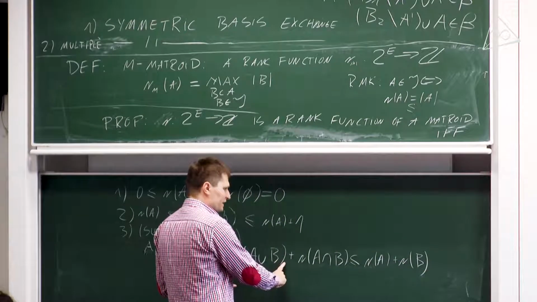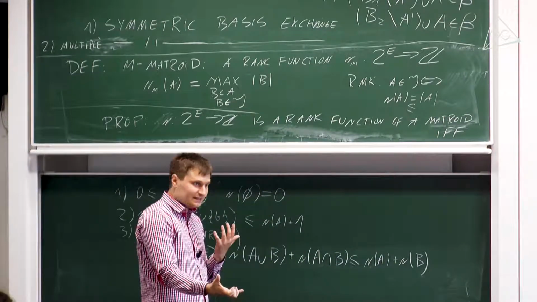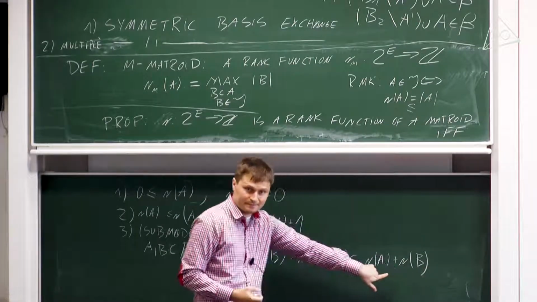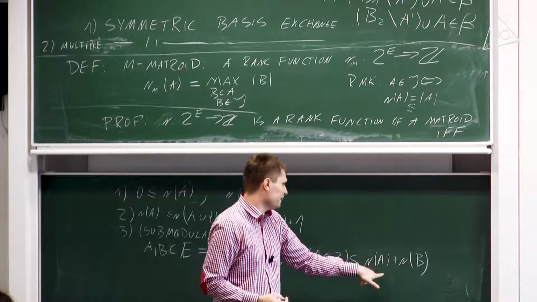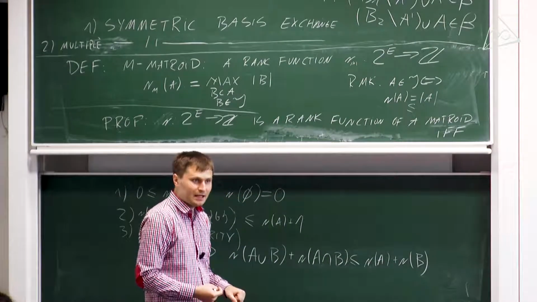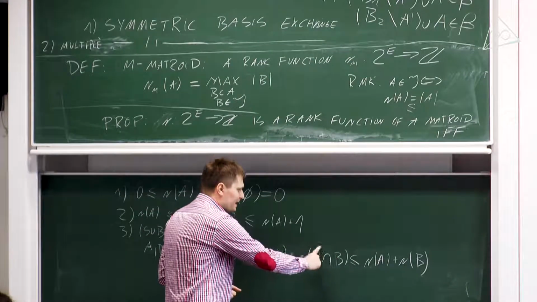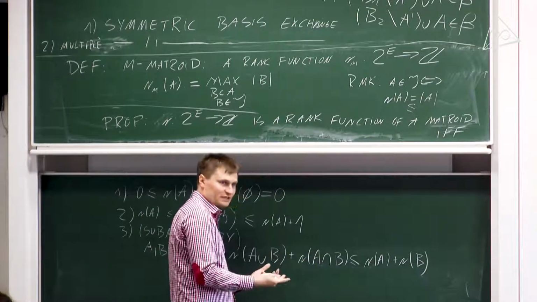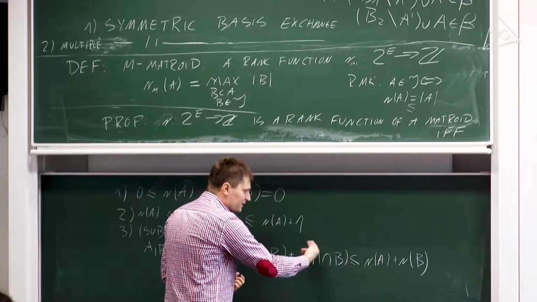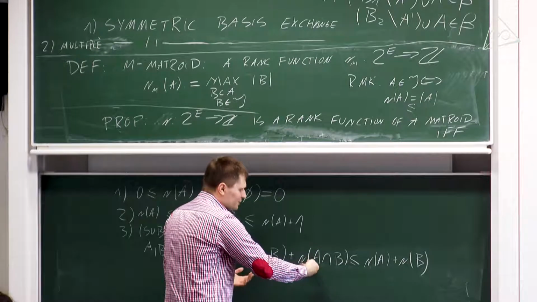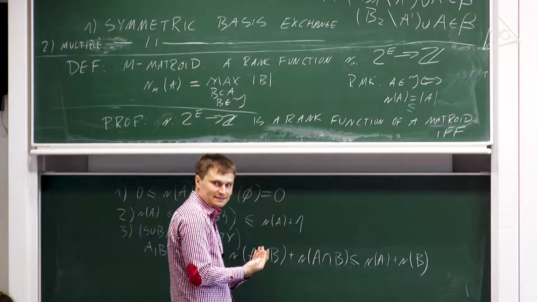So what's the difference between this and that? Well, the difference comes from the fact that these subspaces can intersect. Yes? I mean, if they wouldn't intersect, then this would be equal to the sum of those things. But if these spaces intersect, then definitely this set is a subset of this intersection. So this set can span something of dimension not strictly, but at most the dimension of the intersection of these two spaces.